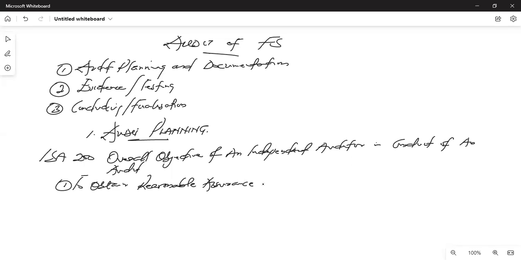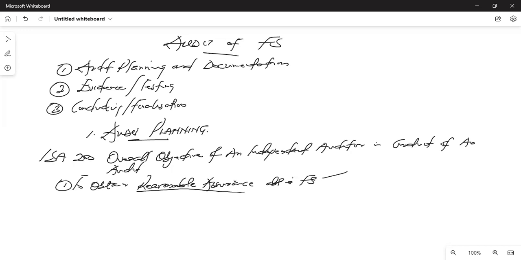This reasonable assurance is about whether the financial statements as a whole are free from material misstatement, so that he will be able to express his opinion that the financial statements in all material respects are true and fair. So he needs, one, reasonable assurance.